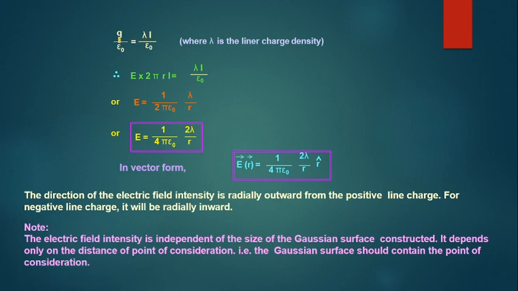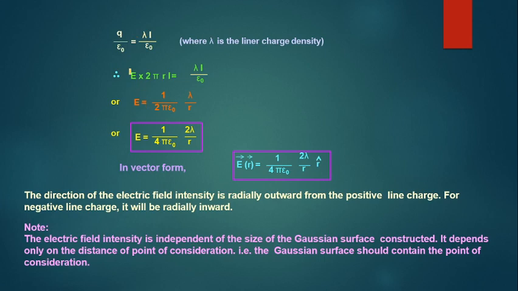The charge Q is distributed over the length L of the wire, so the total charge is lambda times L, where lambda is the linear charge density and L is the length. The total charge is lambda L, divided by epsilon naught.